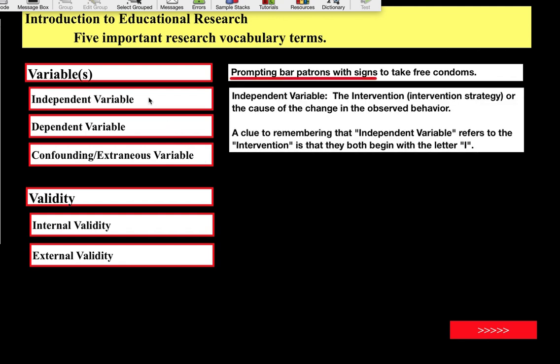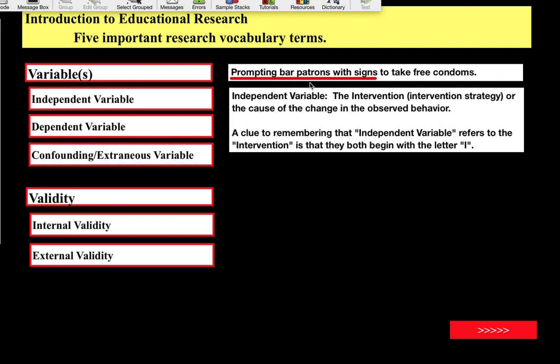The independent variable is the intervention or the intervention strategy or the cause of the change in the observed behavior. So the independent variable is the cause in a cause and effect relationship.